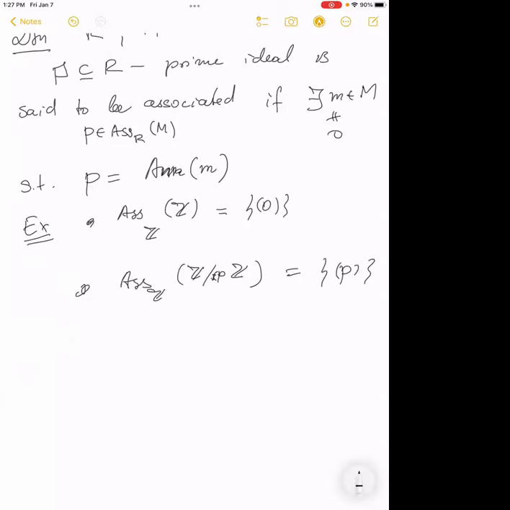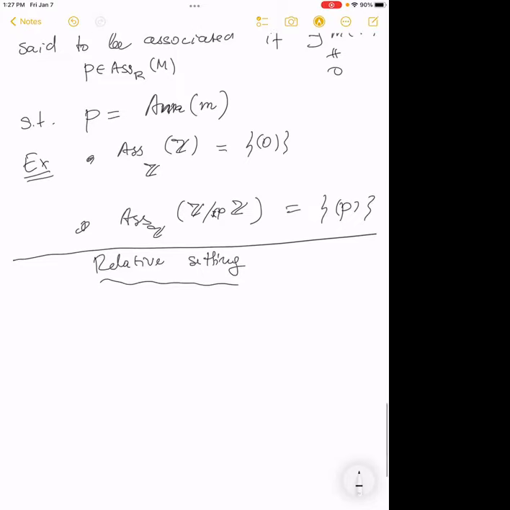Okay. So I want to consider now the question of integral closure in the relative setting. What do I mean by this? Here is the relative setting.